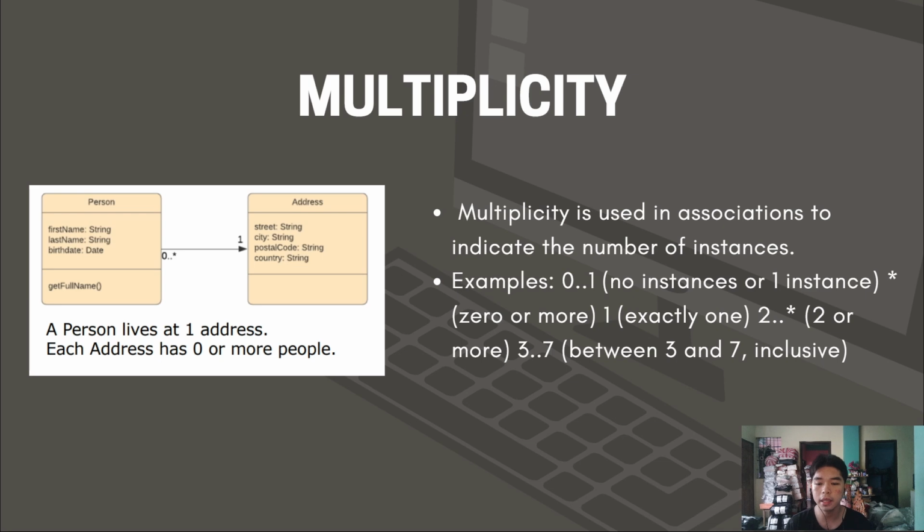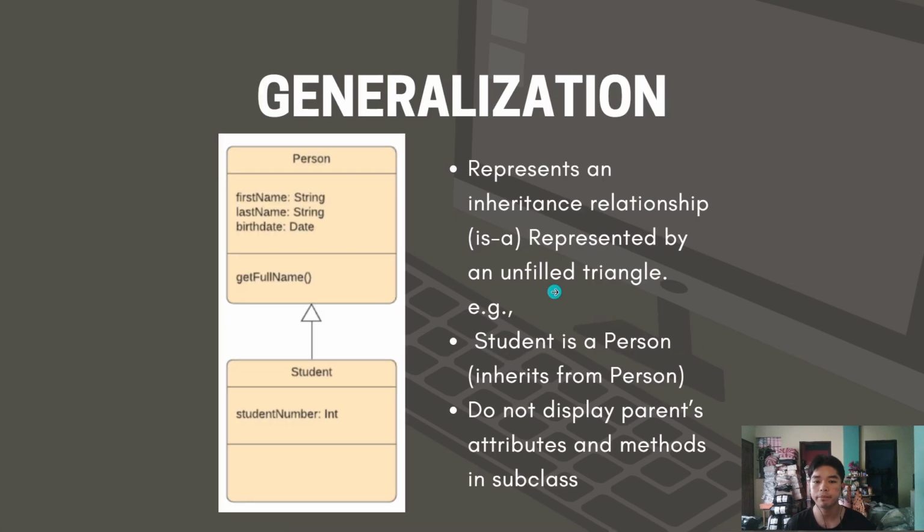Basically, multiplicity in a UML class diagram shows how many objects of one class can be related to objects of another class. It is written as numbers or ranges near the association line between classes. For example, 1 to many means one teacher teaching many students.